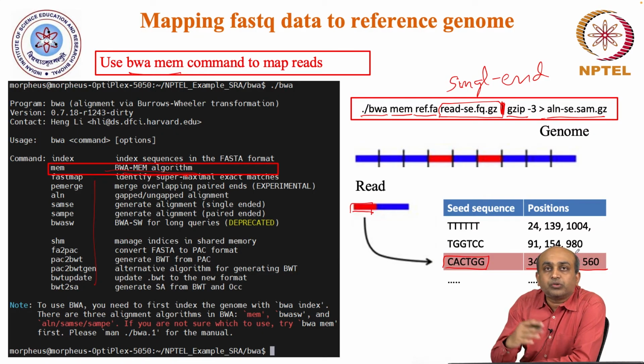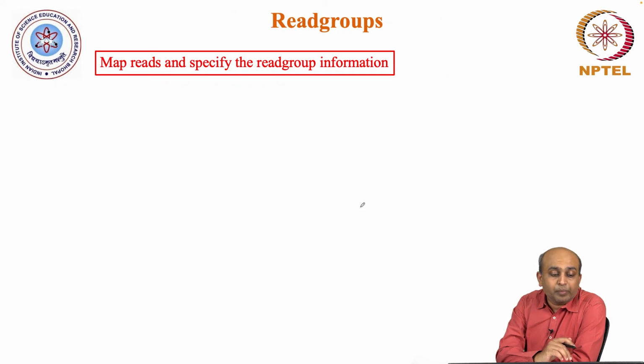So instead of looking through the whole genome and deciding where your read should map, you can just look up the positions associated with this k-mer, and you see among these positions what is the best position where your read can be mapped. So by doing this kind of indexing earlier, you are speeding up the process of read mapping, right. So this is the command for your single end reads, but you may also have paired end reads.